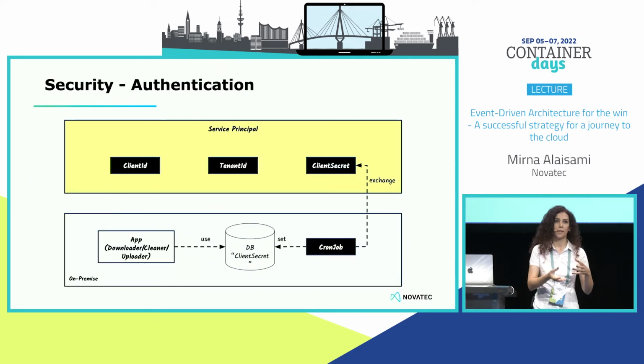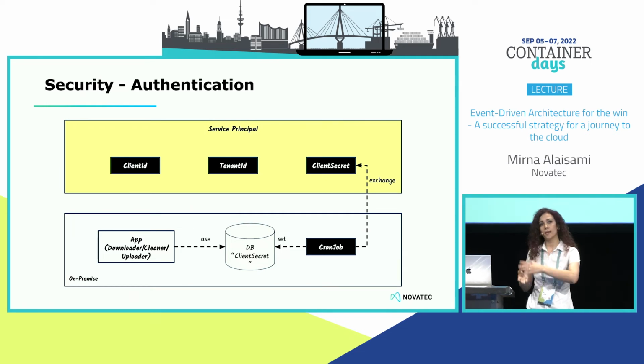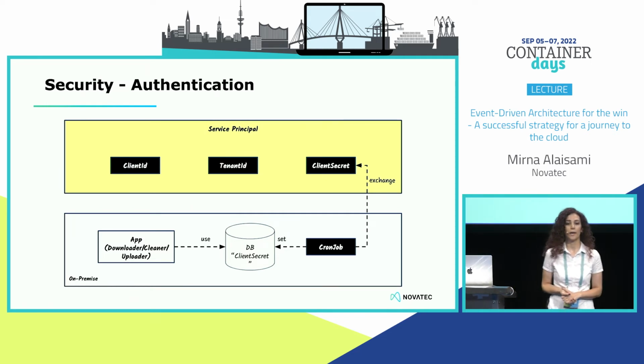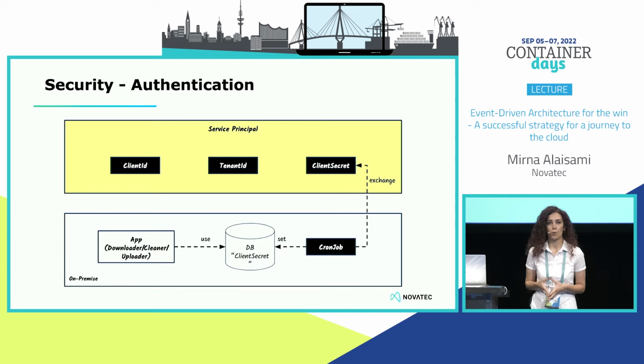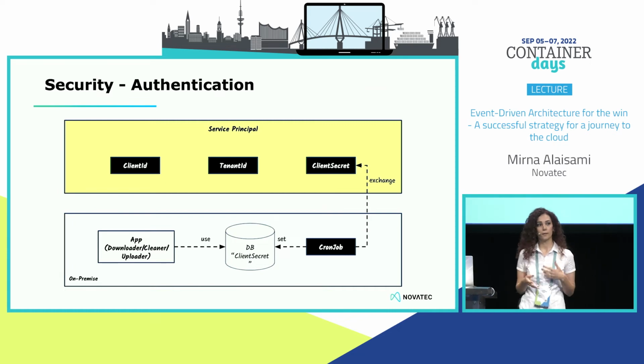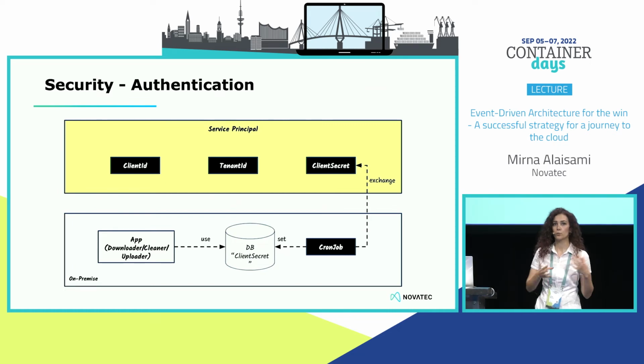Then, in order to authenticate our backend applications against Azure Active Directory, we created some client secrets for our applications. Using the client ID and client secret, we could authenticate our backend applications against Azure Active Directory.